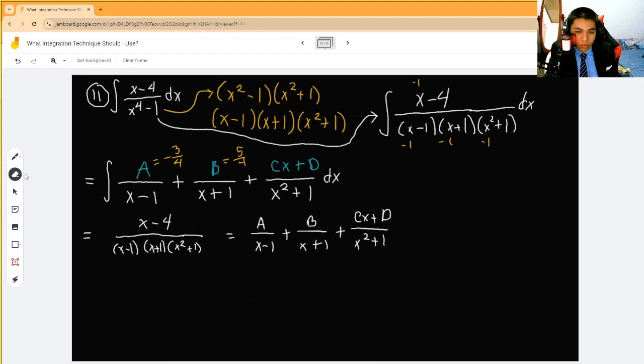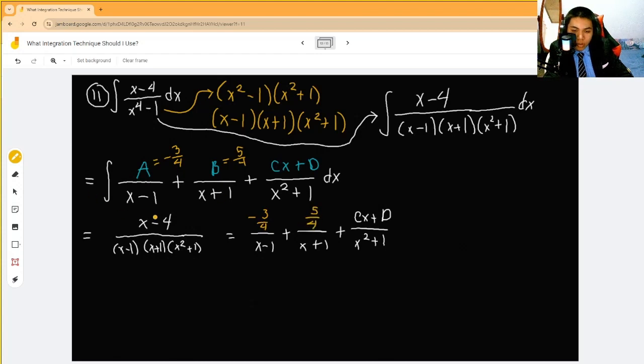Now, we're computing for d first, since if x is 0, then we can isolate d, since c would be 0. So we can compute for d first when we let x be 0. Let's put some zeros over here, and replace a and b with the values we got earlier: negative 3/4 and 5/4.